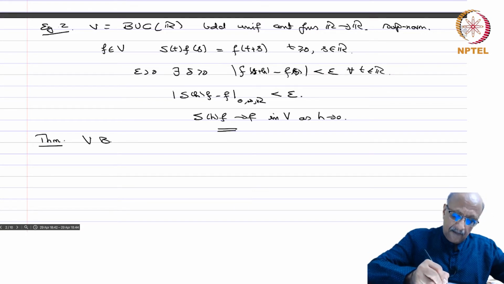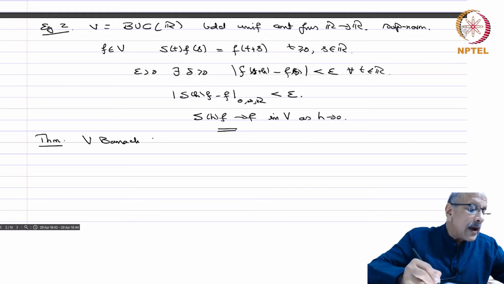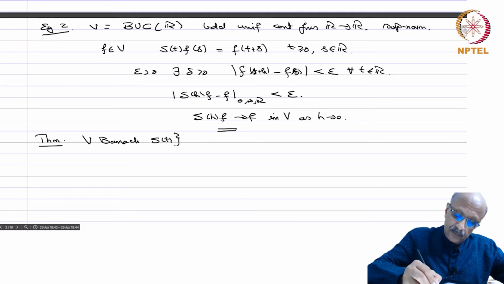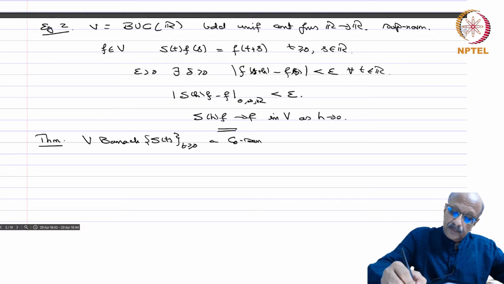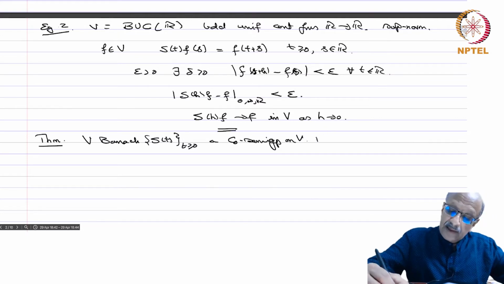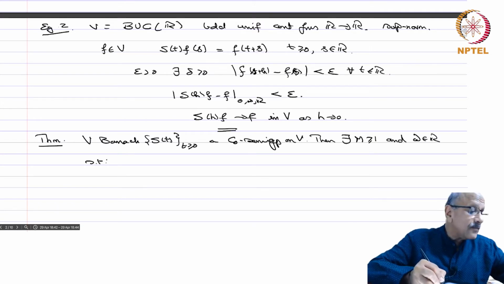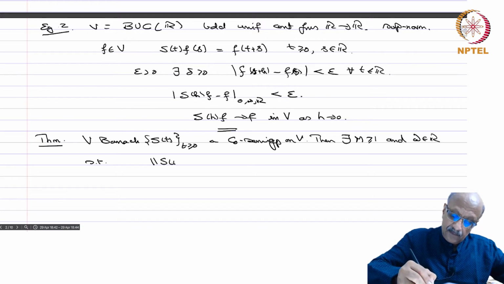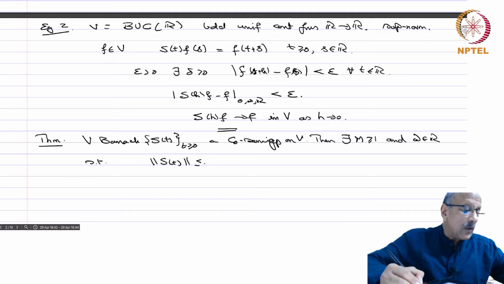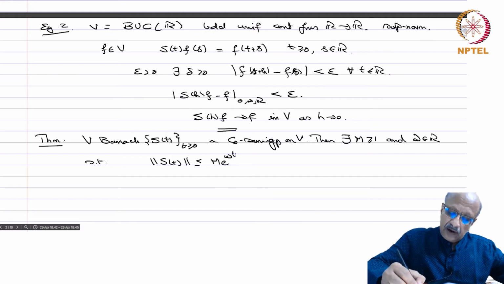Let V be Banach and S(t), t greater or equal to 0, a C0 semigroup on V. Then there exists M greater or equal to 1 and omega in R such that the norm of S(t) is less than or equal to M times e^{omega t} for all t greater or equal to 0.